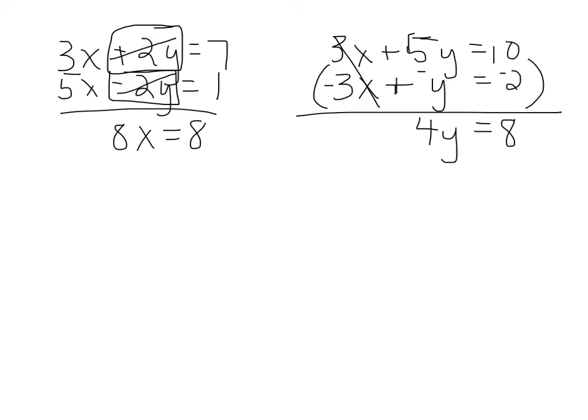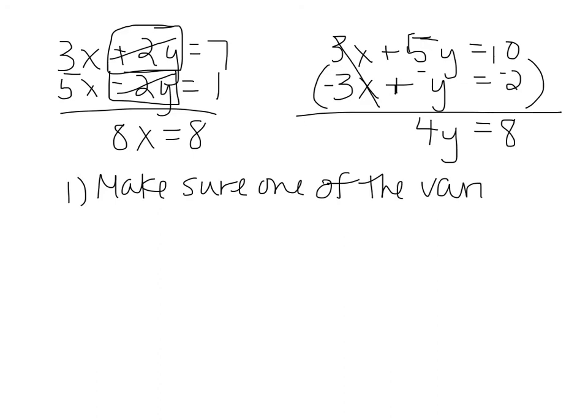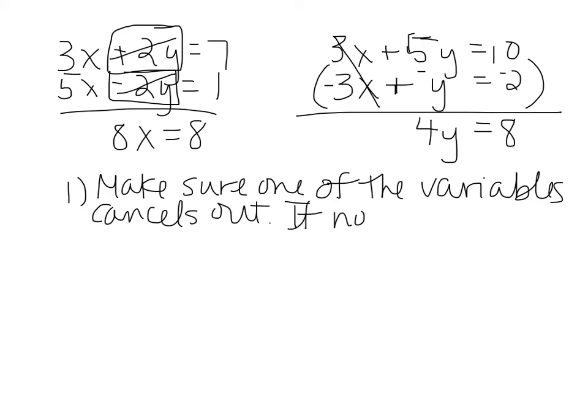So the first thing you need to do is make sure one of the variables will cancel out. If it doesn't, multiply one equation by negative 1.